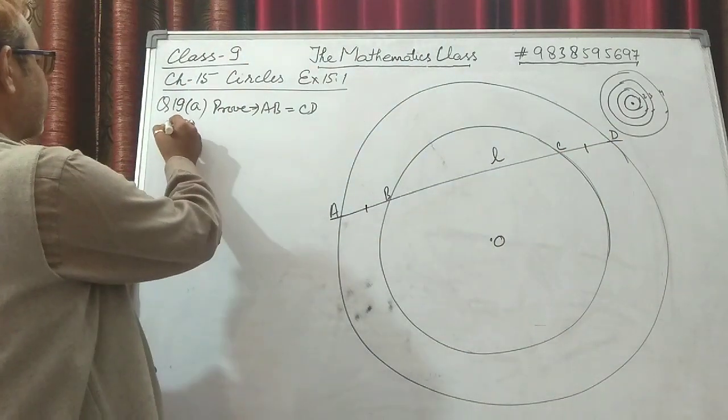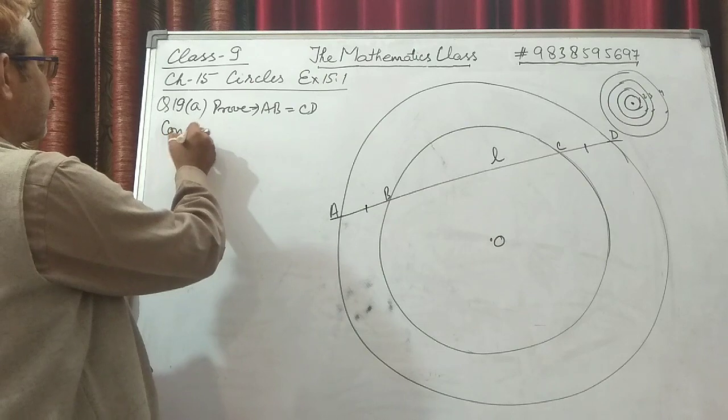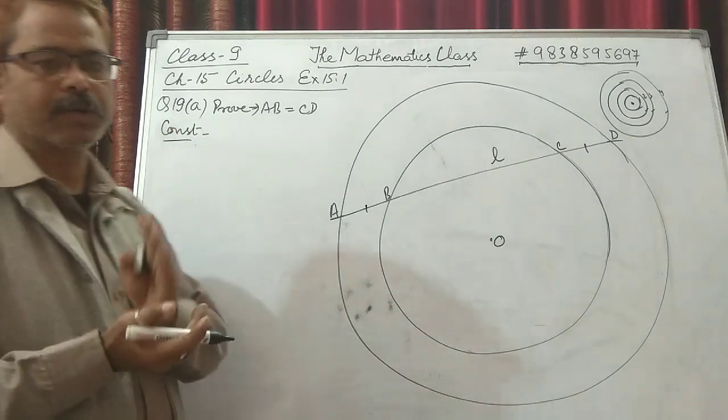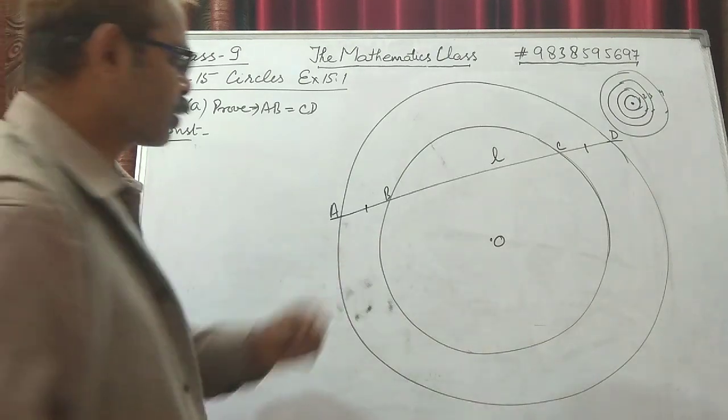So first of all we have a construction in this, because we know that if there is a perpendicular from the center, it bisects the chord.